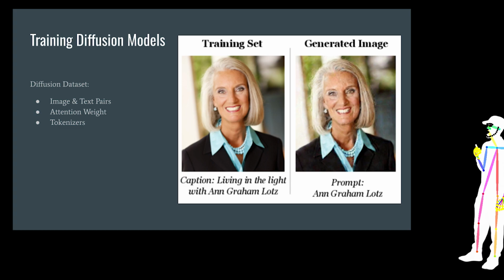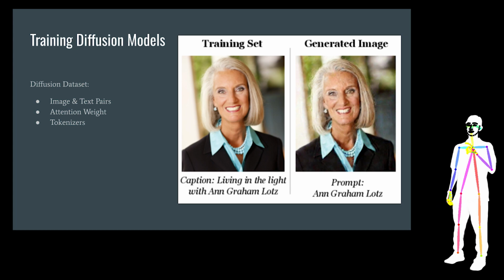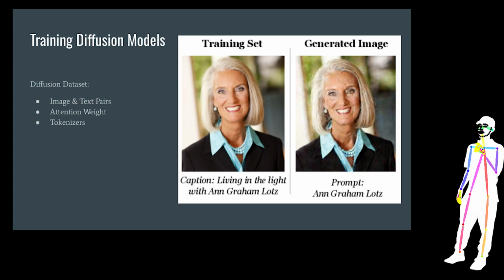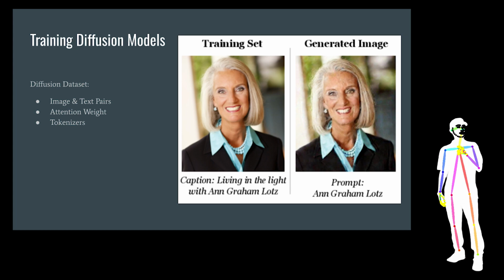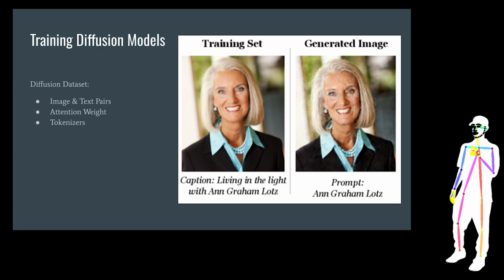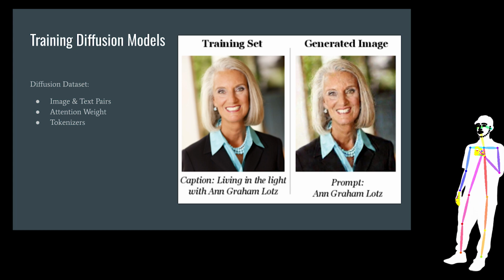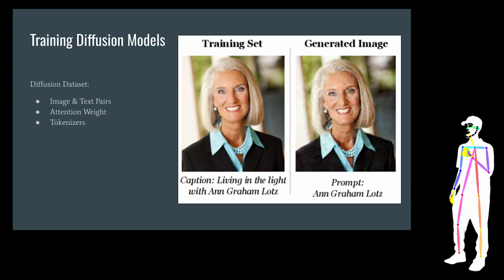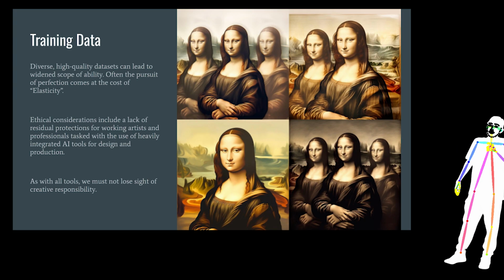Tokenizers are also interesting because it doesn't actually see Anne Graham Lotz as 3 words. That would probably be broken up, and you'd have to check because different diffusion models use different algorithms. But I would expect Graham would be broken in 2, and possibly Lo and then Tz will be broken in 2 as well. So it's actually not doing words, it's doing bits of words, okay?